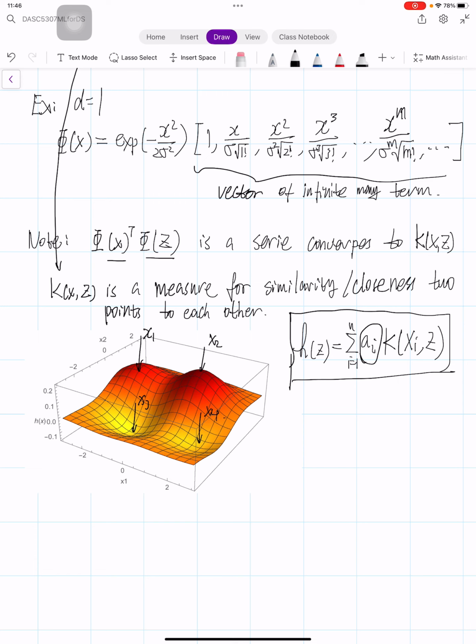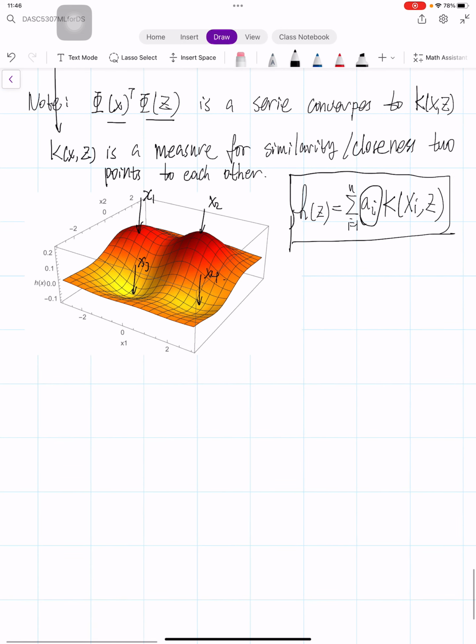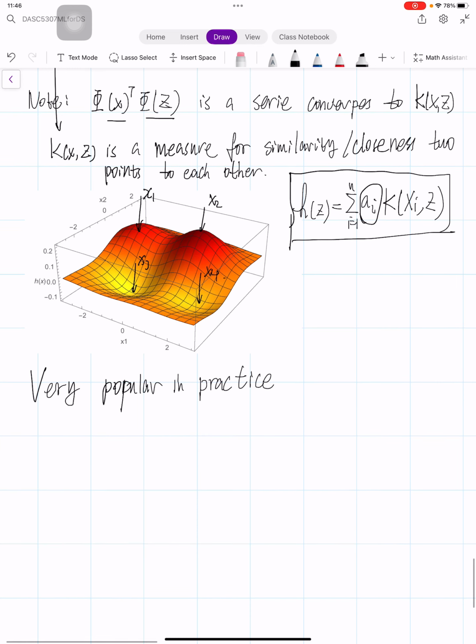The good thing is, it's a very popular technique in practice. It's mainly because the regression function is infinitely smooth. The h given here is smooth in infinite order.